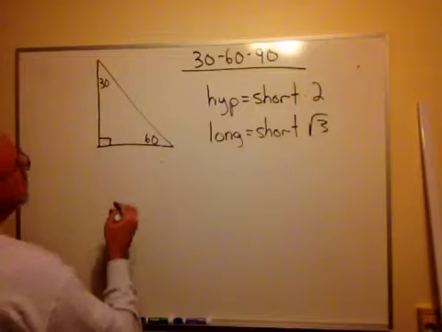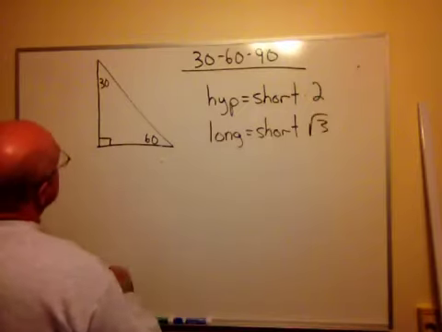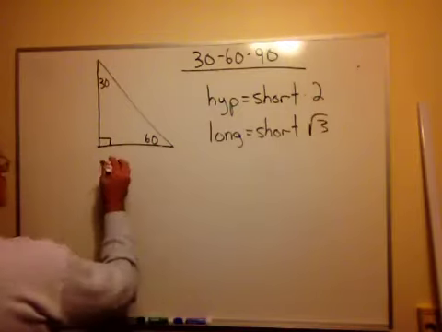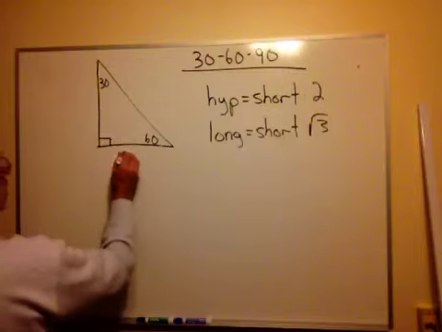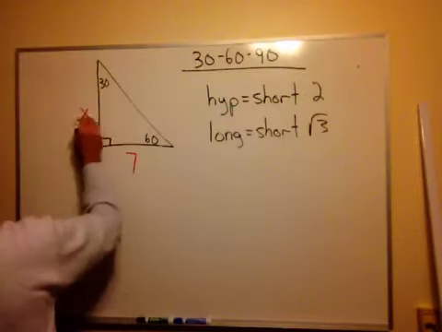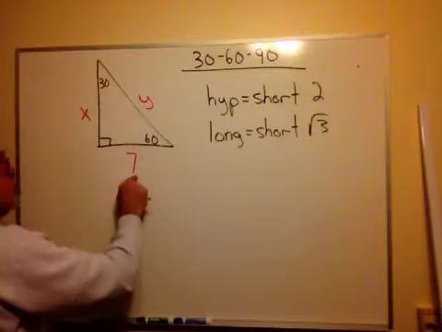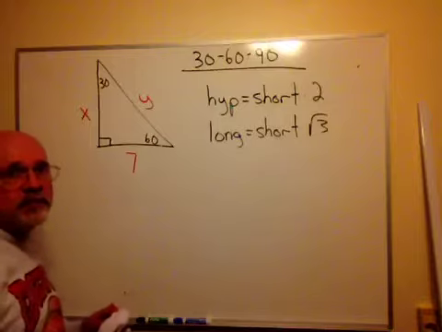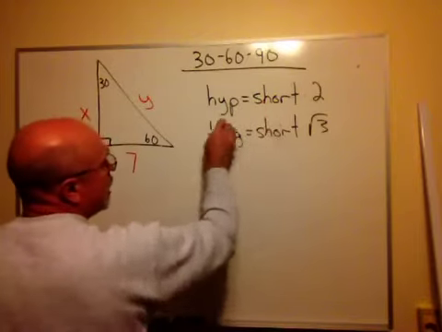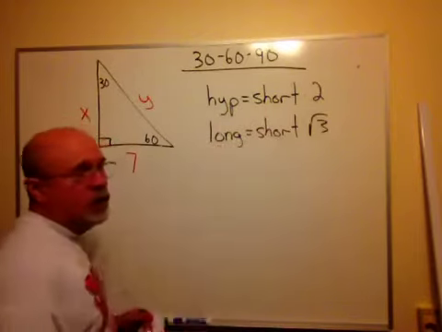So, in our first example, let's give us the short leg and make it 7, and we're going to find x and y here. Being given the 7, the short leg, is the easiest thing to be given because the other sides are based upon how long it is.